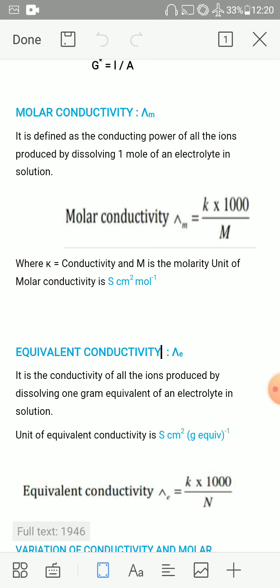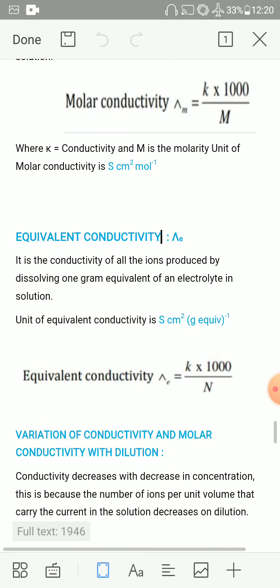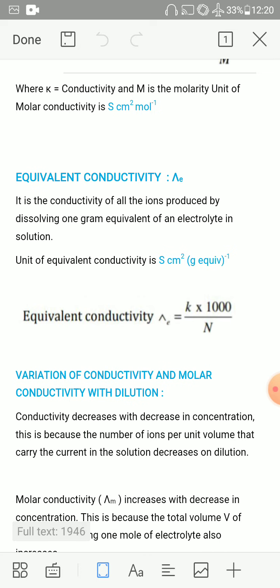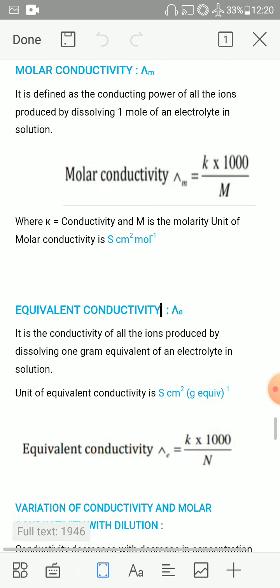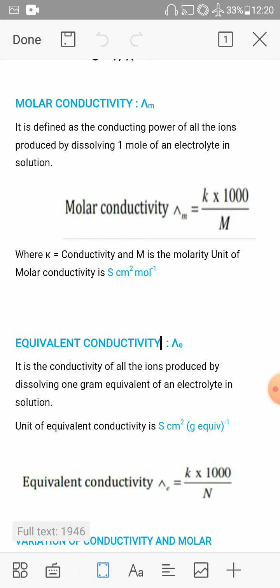Now another type of conductivity is equivalent conductivity. It is represented as lambda E. And what is equivalent conductivity? It is the conductivity of all ions produced by dissolving 1 gram equivalent of an electrolyte in solution. In case of molar conductivity, you have to calculate the conductivity of a solution containing 1 mole of electrolyte.